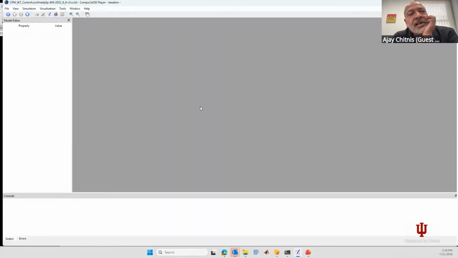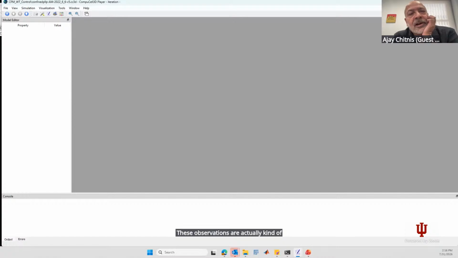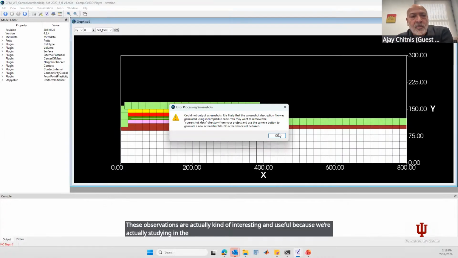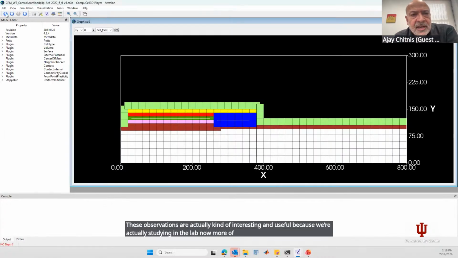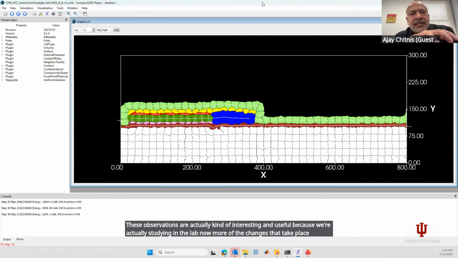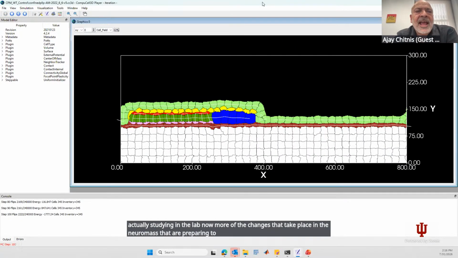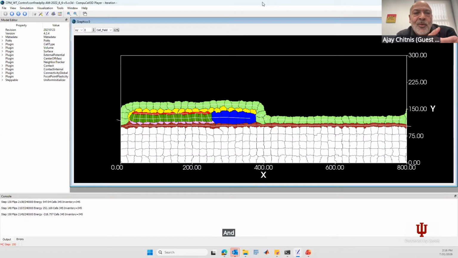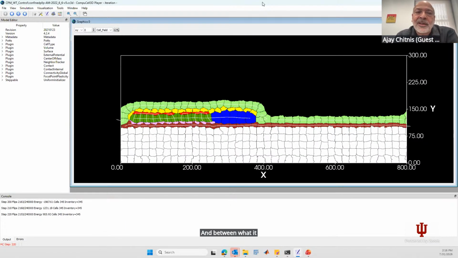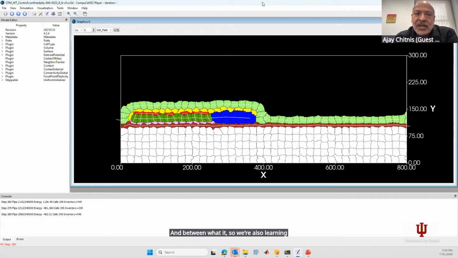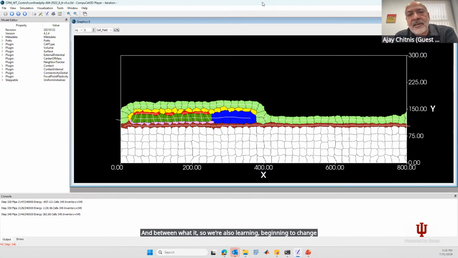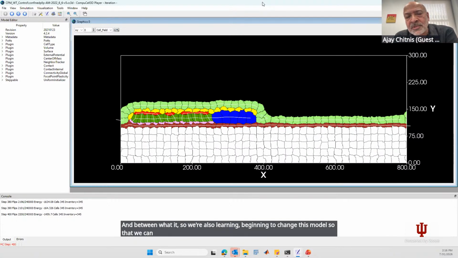These observations are actually kind of interesting and useful because we're studying in the lab now more of the changes that take place in the neuromast that are preparing to deposit. We're also beginning to change this model so that we can incorporate deposition into it.